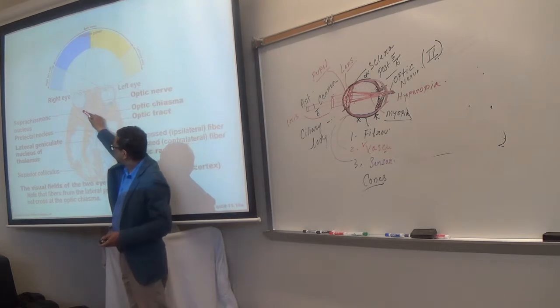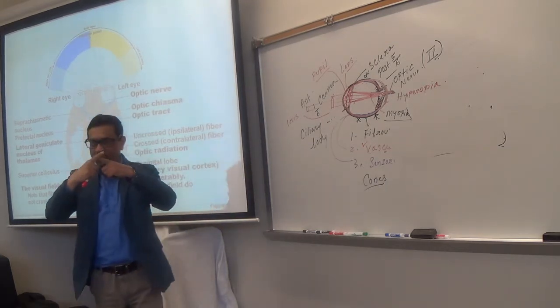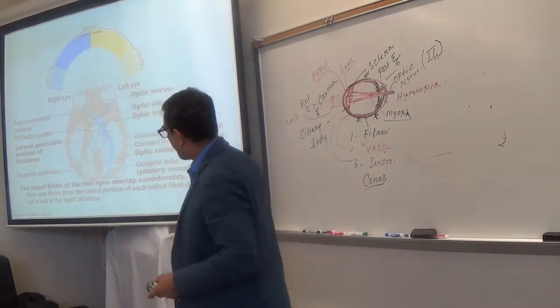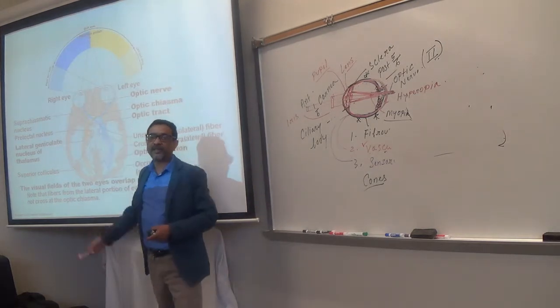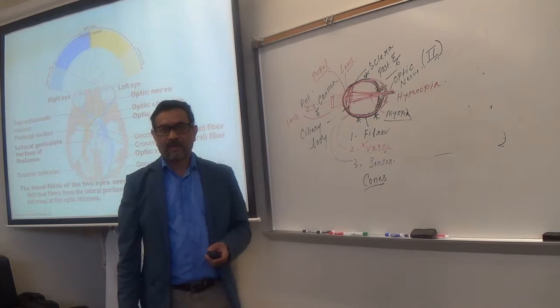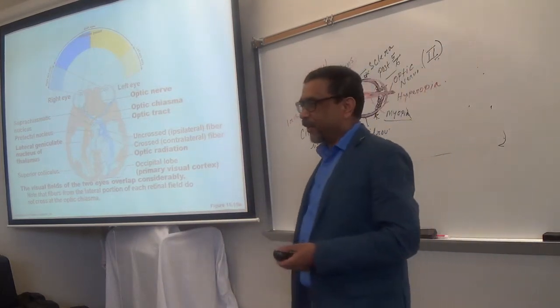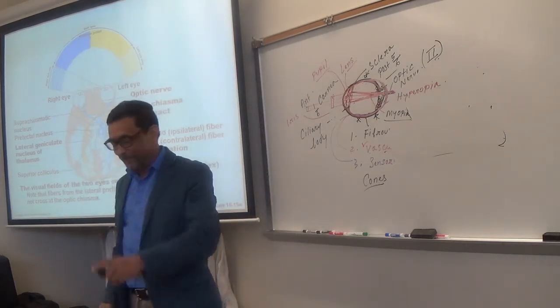These are the optic nerves, and they join like this, cross. And that crossing part is called the optic chiasma, where the 2 optic nerves cross. Now, one very important thing happens here.